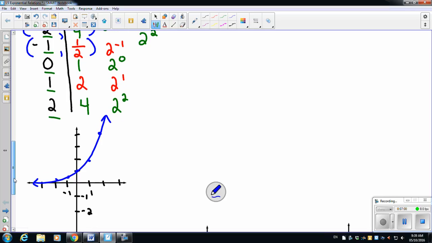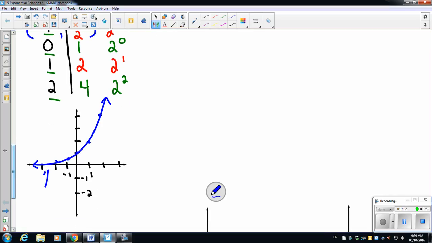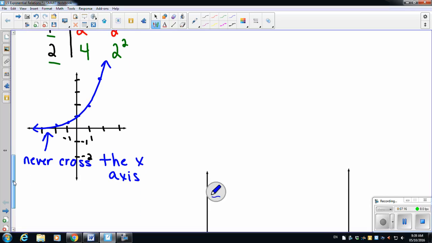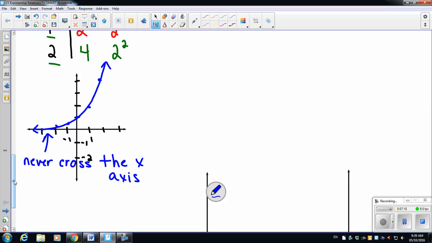Some things you should have noticed about the graph that I did not do a good job of because my pen was so thick. When you graph these, they never cross the x-axis. This means the x-axis has a special name called an asymptote.